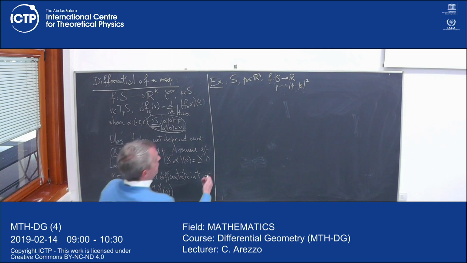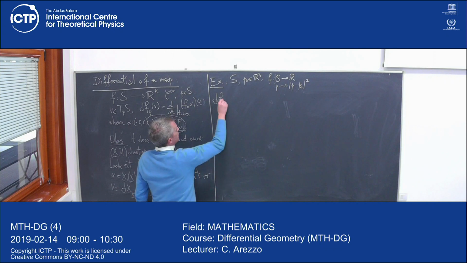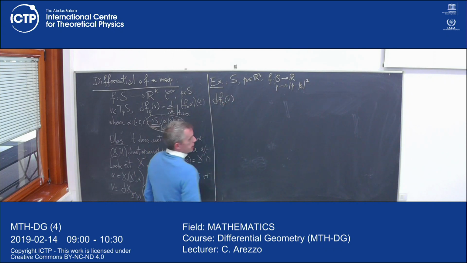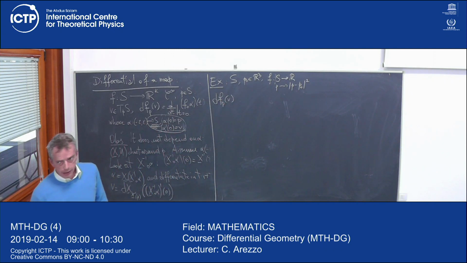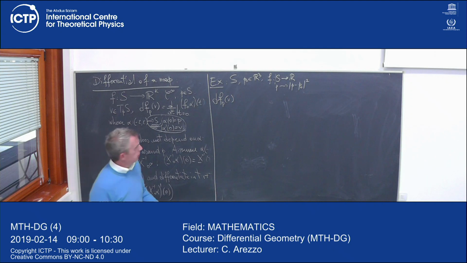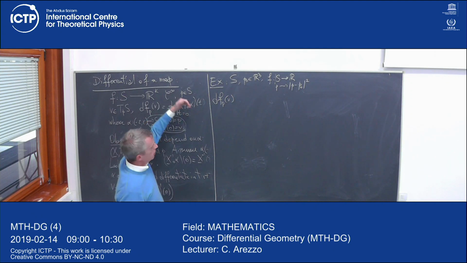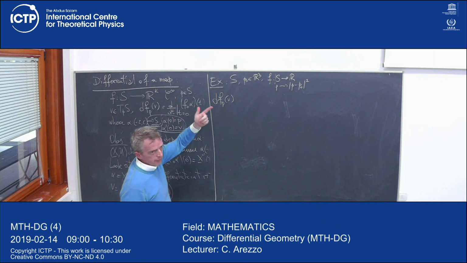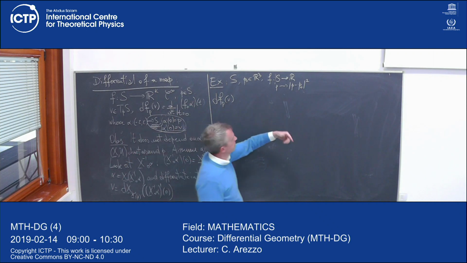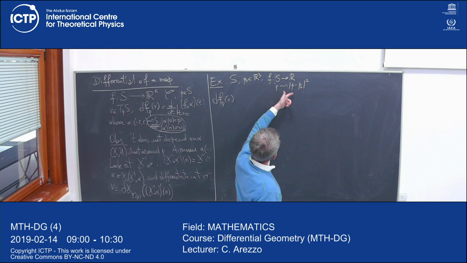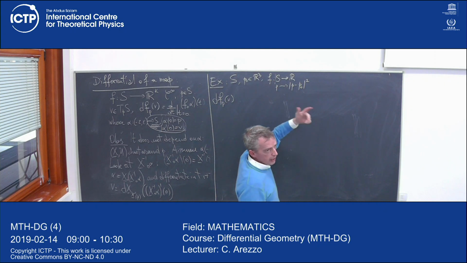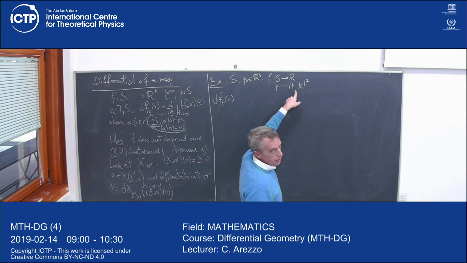Okay, let's compute the differential. This is supposed to be an exercise on the differential, but actually I hope you are getting bored and a little bit offended. How do you compute it without even writing? For this, you imagine that you are taking a curve, alpha, on S, with alpha of 0 equal to P, and alpha prime of 0 equal to V. You compose it, and you take the derivative.